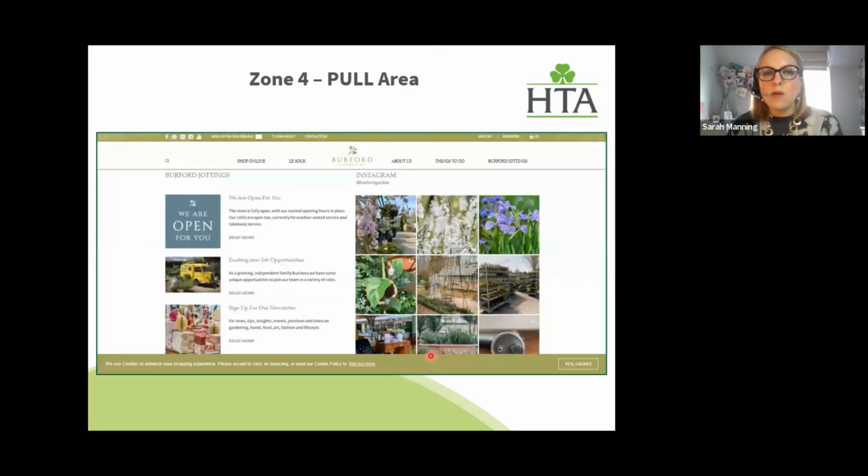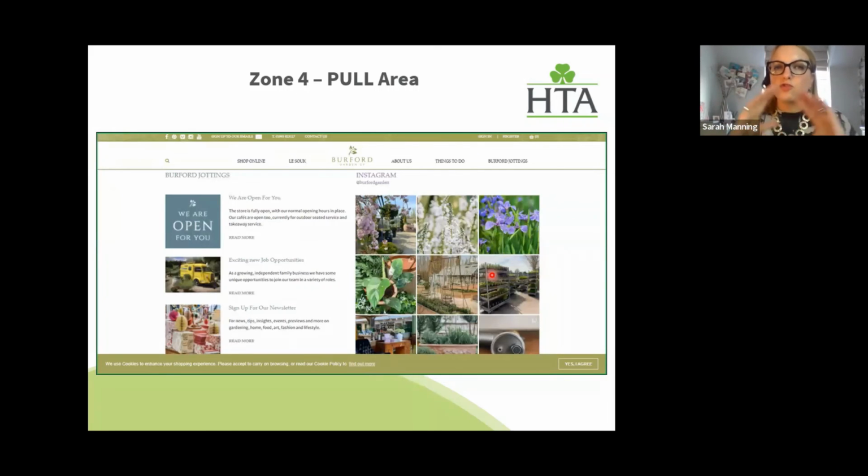And then when we look at this one here from Burford, we've got the online sign up, we've got the opening times, we've got the job opportunities, we've also got the carousel of their Instagram, which helps to create that pop of color and interest on the lower part of their page.